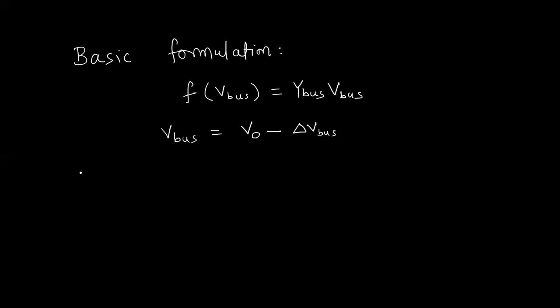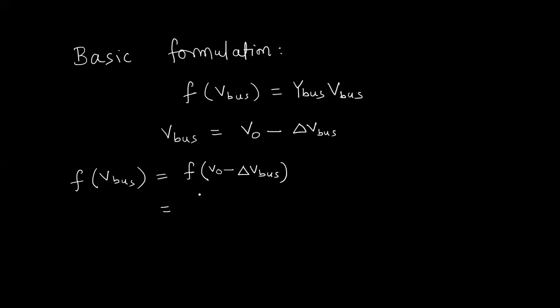Now the nonlinear function f(V bus) can be written as the nonlinear function f(V naught minus delta V bus). The objective here is to linearize this equation, so we can apply the Taylor series.